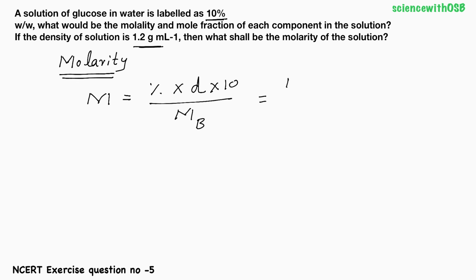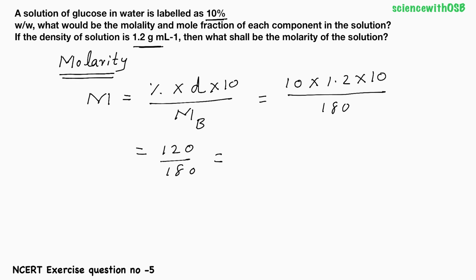Mass percentage is 10, density is 1.2, into 10 by molar mass of glucose. We already found it, 180. On calculating, you will be getting like 0.66. What is the unit? Capital M or mole per liter, right? So we got molality, mole fraction and molarity.